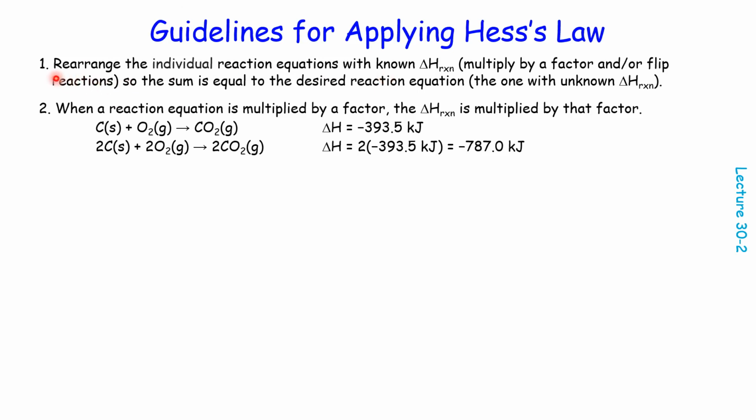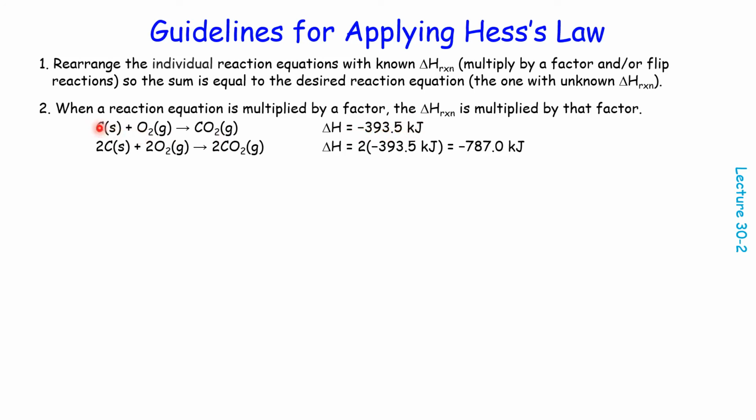When you do the rearrangement, there are two things you need to pay attention to. When a reaction equation is multiplied by a factor, you have to do the same for delta H. For example, for this first reaction, delta H is negative 393.5 kilojoules.